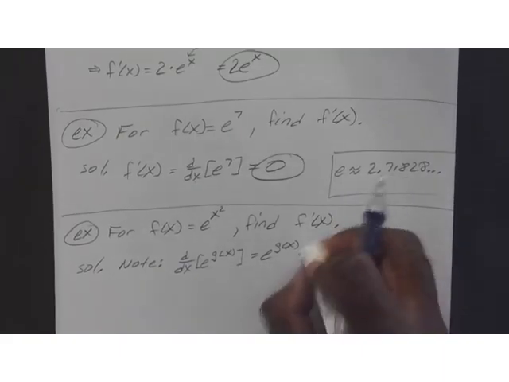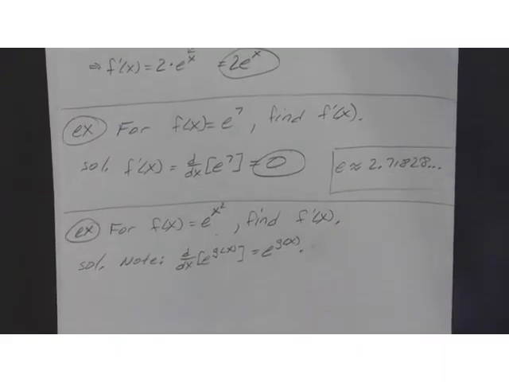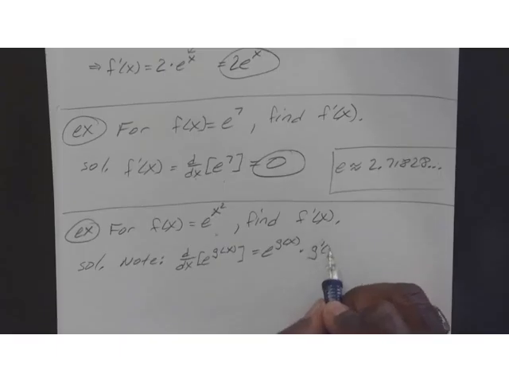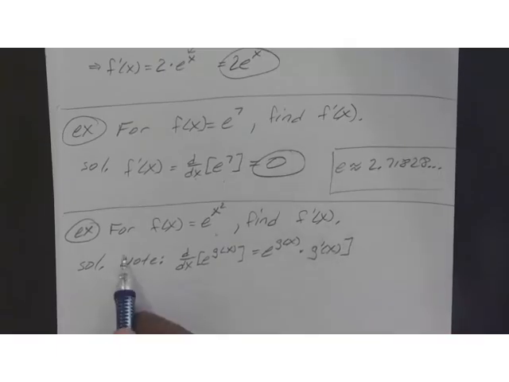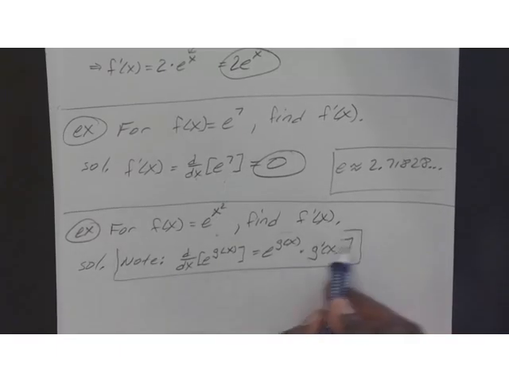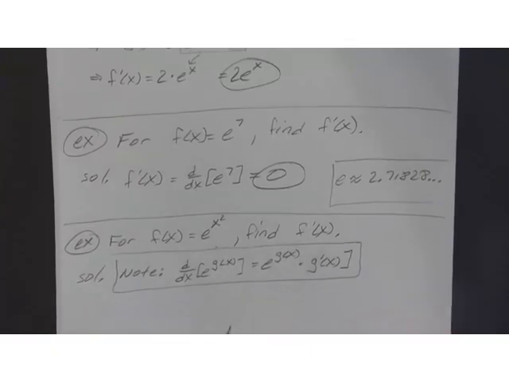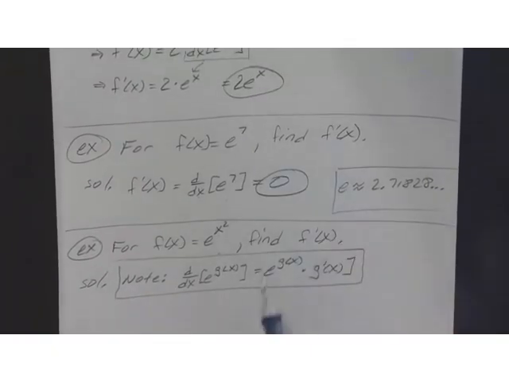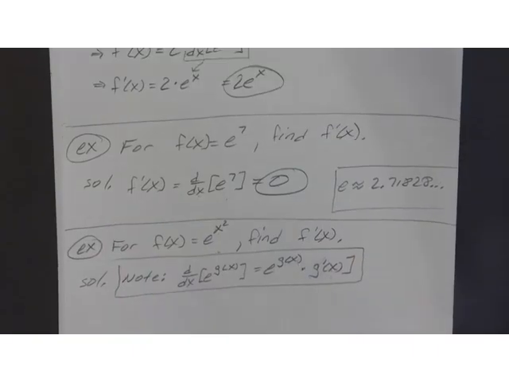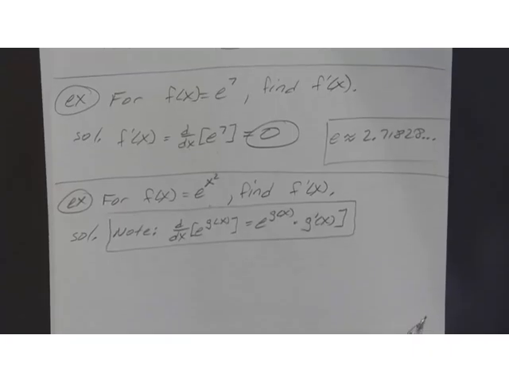Actually, I'll just put g prime of x. Which is also true for e to the power of x, because that's just e to the power of x times the derivative of x, which is just 1. But if it's something other than x, you can't just say the derivative is e to the power of x squared, because it wouldn't be correct.